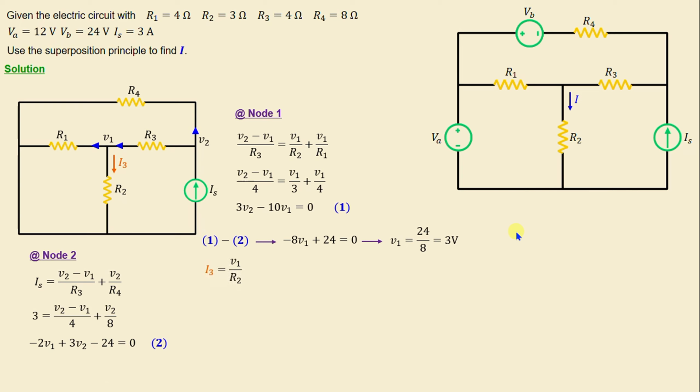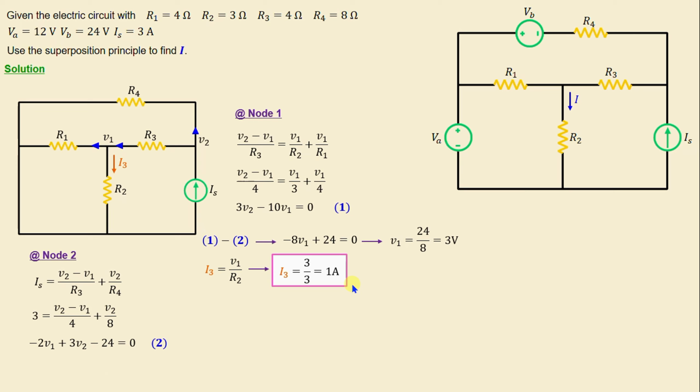And according to Ohm's law, I3 is equal to V1 over R2. If we replace V1 and R2 with their numerical values, we obtain I3 is equal to 1 amp. After completing the analysis for each independent source while treating the others as turned off, the subsequent step is to combine the results algebraically.